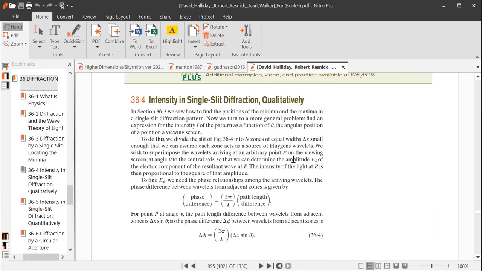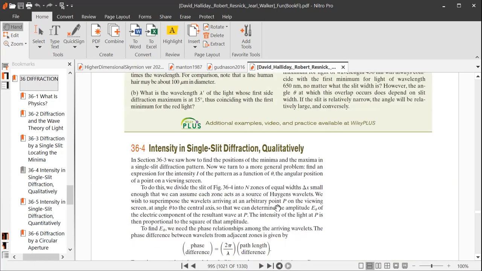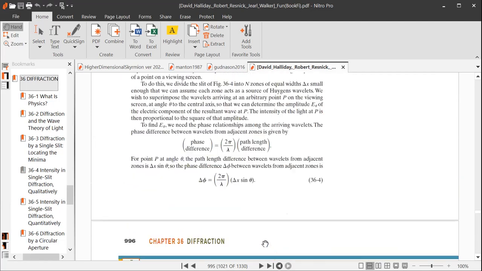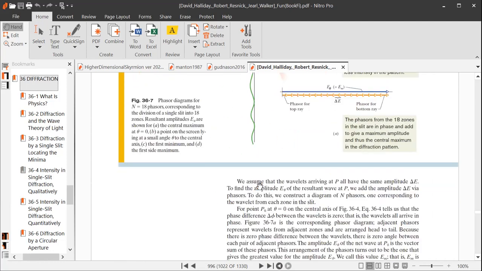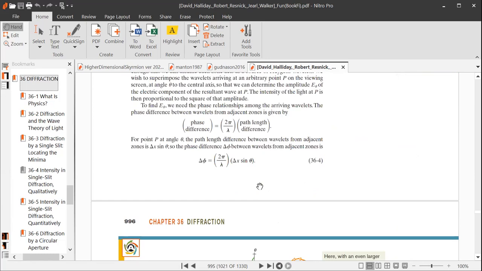Then we have also discussed the derivation of the above formula, about the intensity in the single slit diffraction, qualitatively. This phase difference is equal to k times delta x sin theta, where delta x is related to this d here in this case.